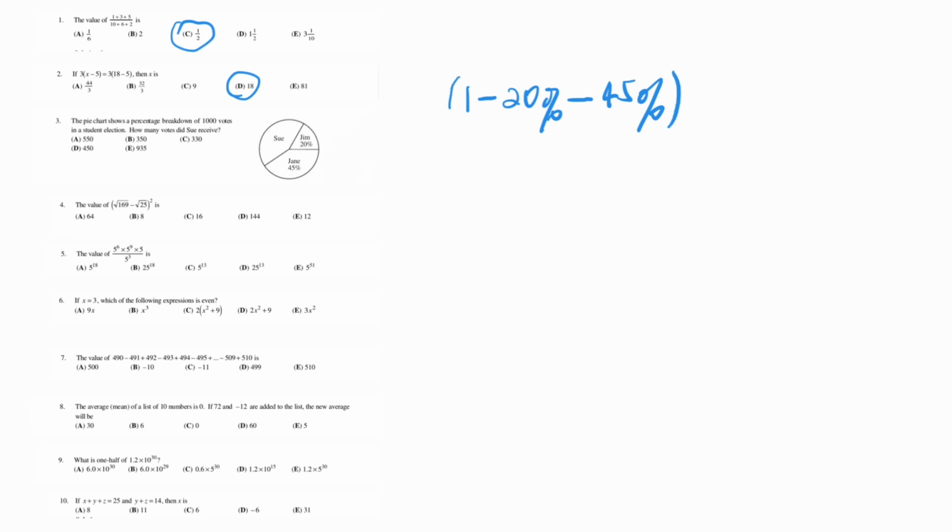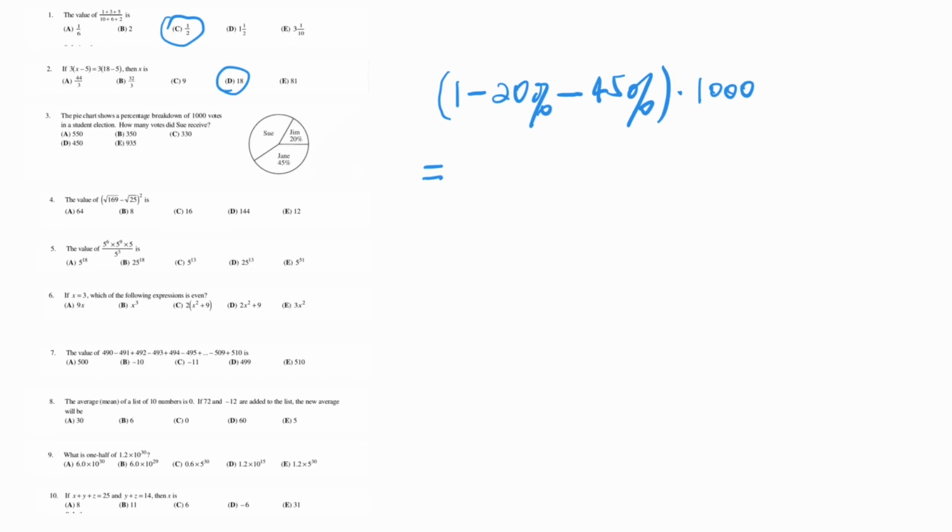That's the percent Sue got. The total is 1,000. We use the percentage of Sue times the 1,000. That's the votes Sue received.